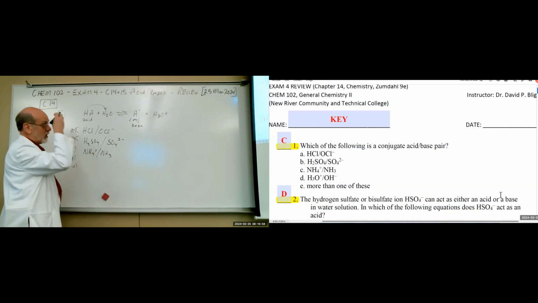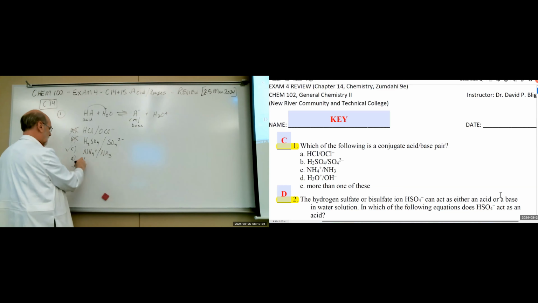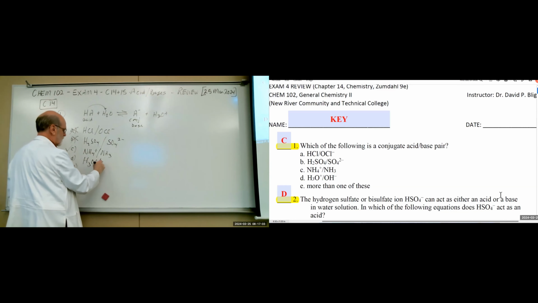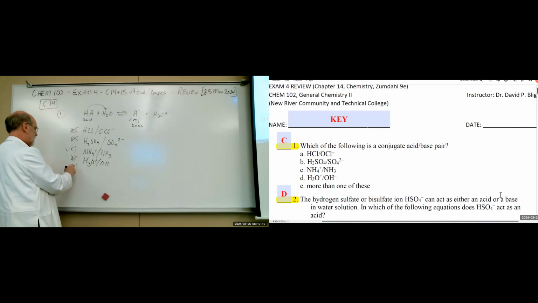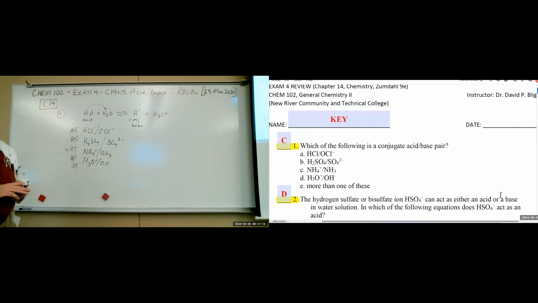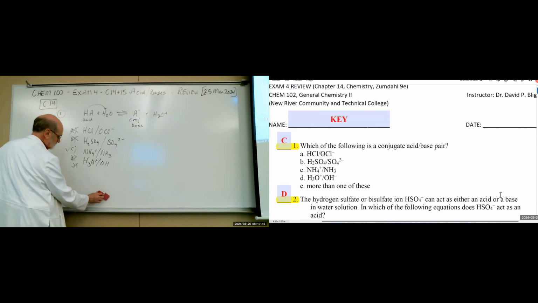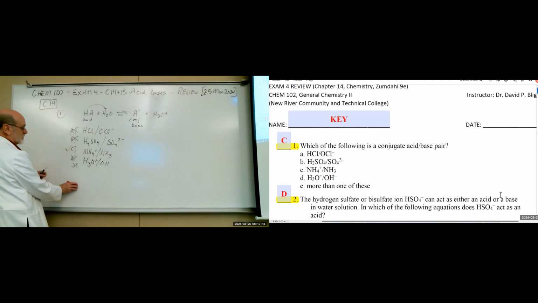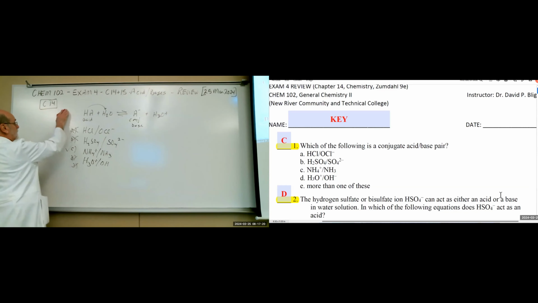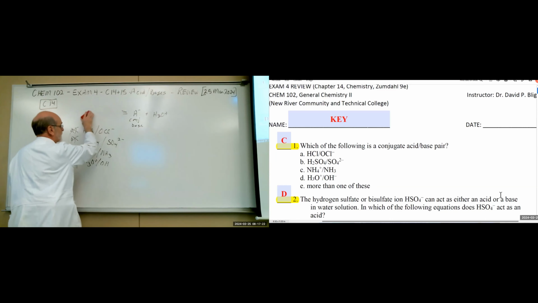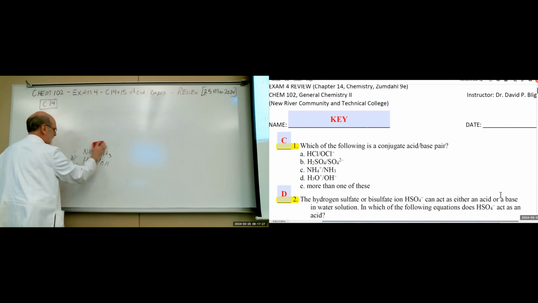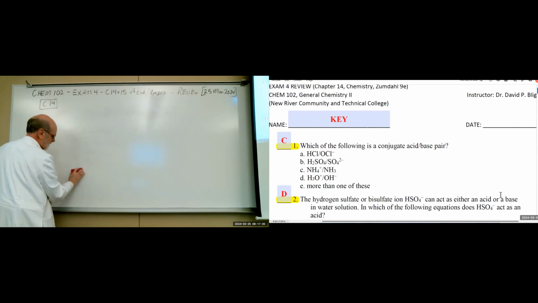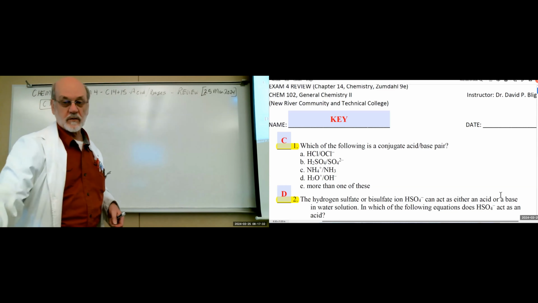So C works. Hydronium to OH would have to lose 2 hydrogens, so it can't work. More than one doesn't work. So C has to be the answer for number 1. And the reason I spent so much time on this first one is because understanding the nature of acid dissociation is essential for working the rest of the problems.